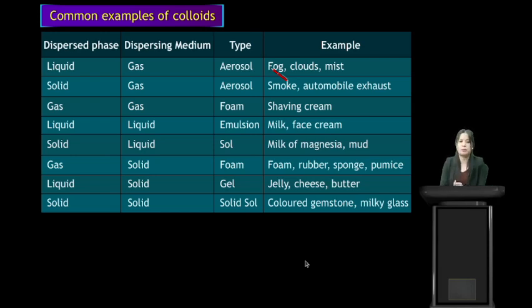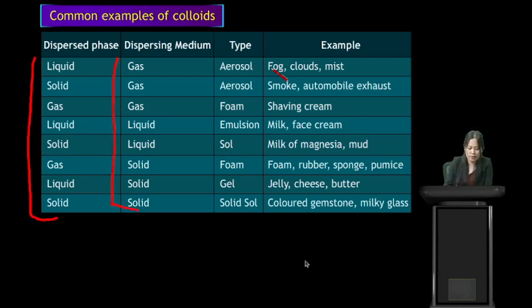So here we see some common examples of colloids. Try to remember the state of the dispersed phase, the state of the dispersion medium, the name of the type of colloid, and the examples given for each type of colloid.